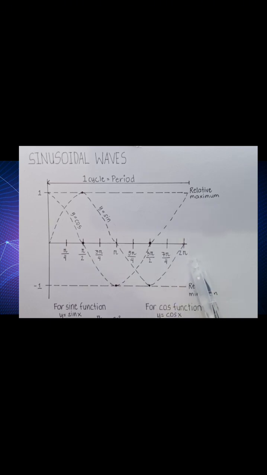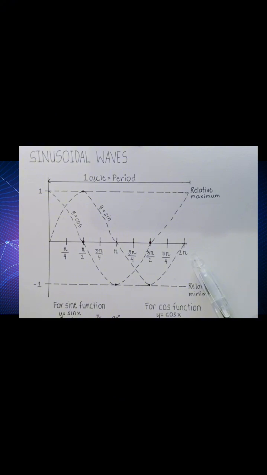So next, for the sine function and for the cos function. For that example, we have y equals sine x, and the positive one is sine x where x equals pi over 2 or 90 degrees. So as you can see, we start at the x-axis, and our first step is pi over 2. Pi over 2 belongs at the relative maximum, which is the positive.